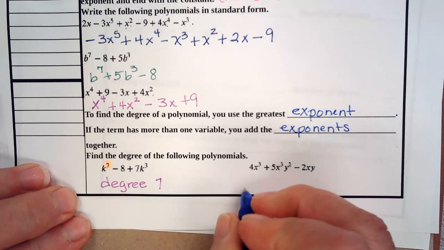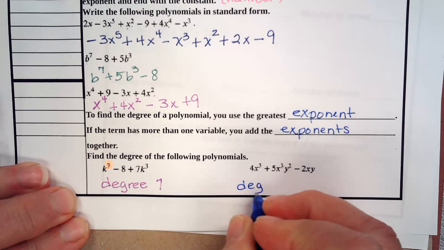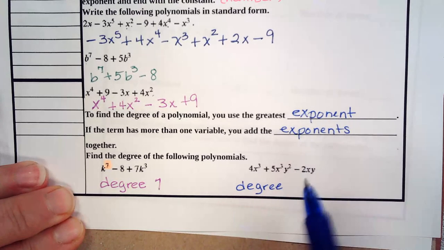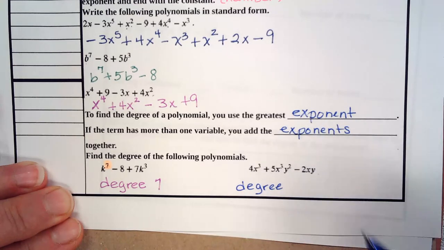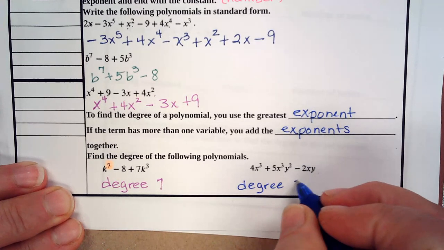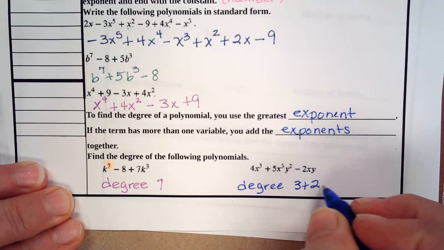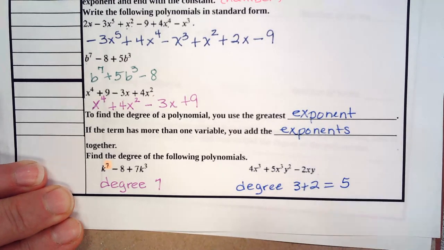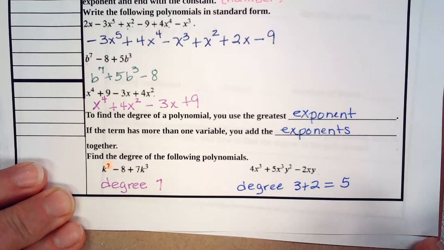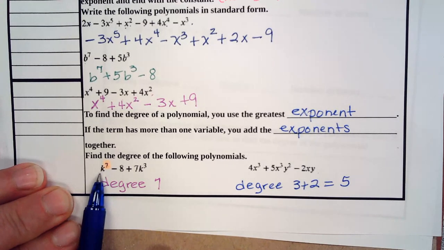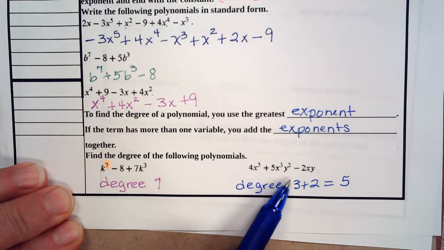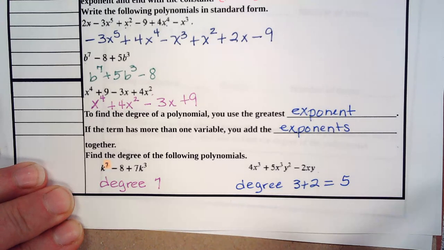So this degree, I've got 3, and then I've got 3 and 2 here, and I've got 1 and 1 here. I know that 3 plus 2 will give me a degree 5, and that's larger than 1 plus 1, which would be a degree 2. So the degree of the polynomial is that largest exponent, or if you've got more than one variable, you add the exponents together.